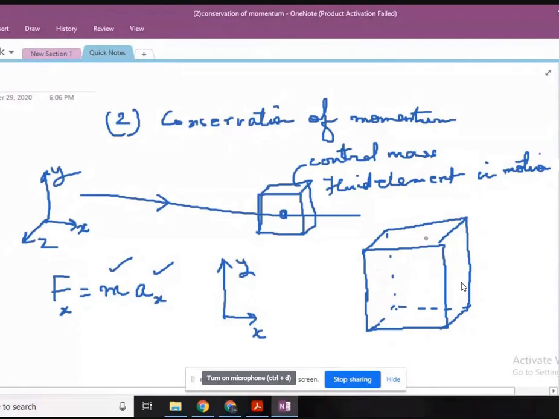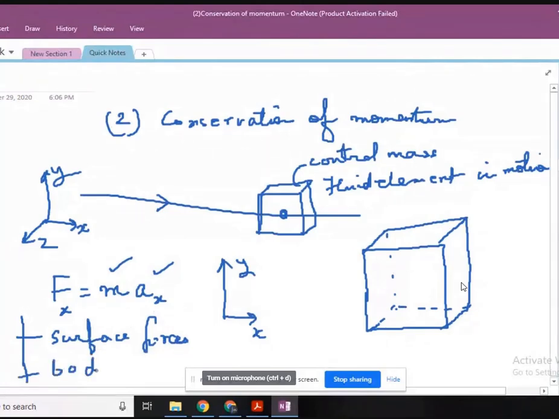In order to understand the net force, I told you there are different types of forces which can move this element. One being surface force. Surface forces can be a reason to accelerate this element. Also, there is another type of force which can move this element, which is body force.